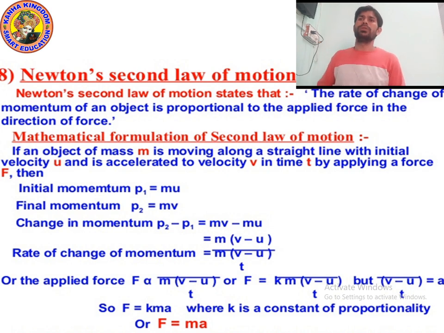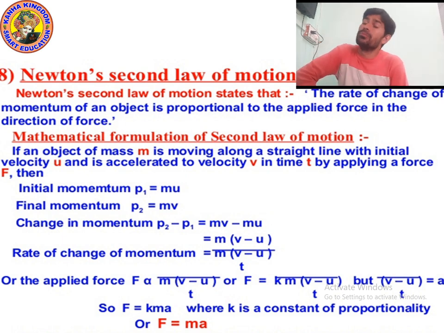So the rate of change of momentum of an object is proportional to the applied force in the direction of movement. And if we mathematically talk about the second law of motion, suppose that an object is moving, the mass of the object is m.